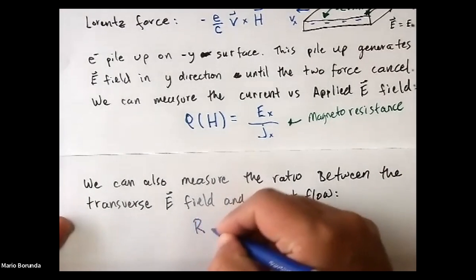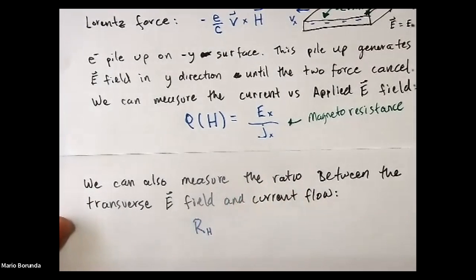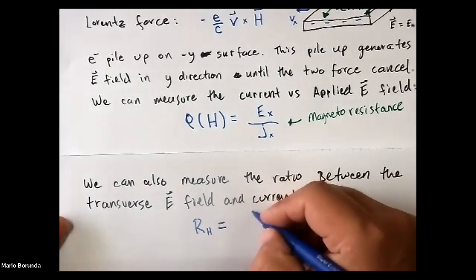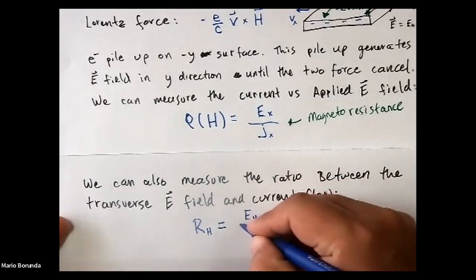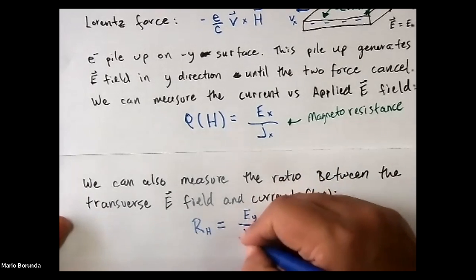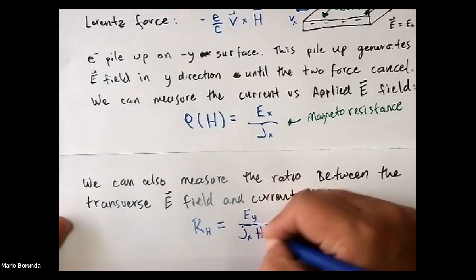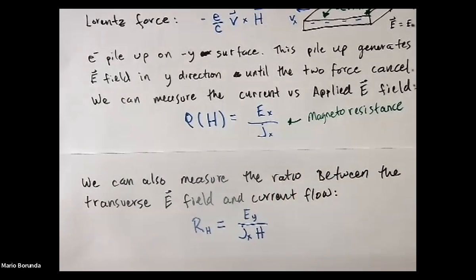So this thing is called the Hall resistance. It's not resistivity because at this point it's just measuring from the sample, right? So it's the resistance. It has the geometry of the sample. And it would be that electric field in the y direction divided by the current in the x direction and multiplied by the magnetic field that you're applying. So the resistance that you measure would be positive. This is called the Hall coefficient right here.